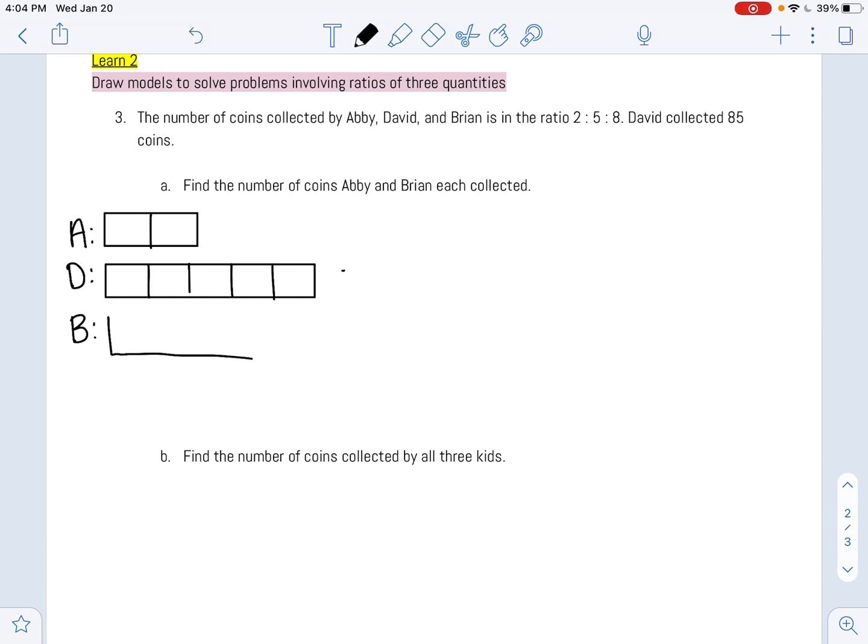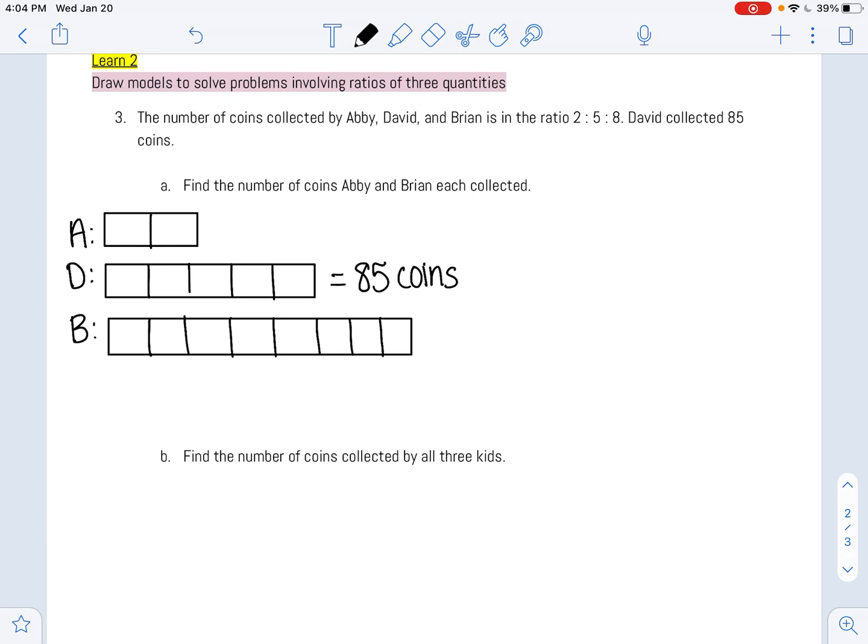And Brian has 8. We also know that David's is equal to 85 coins. So this picture is equal to 85 coins.